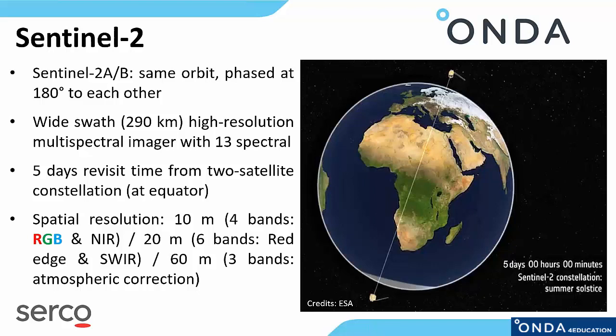With Sentinel-2, you get the highest spatial resolution available for free in Earth observation, which is 10 meters. If you want to go higher than 10 meters, you need to pay. So you see the advantage of using Copernicus data versus other satellites. And then we have a revisit time of 5 days at the equator.